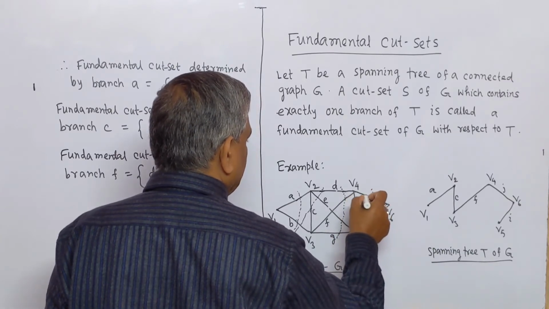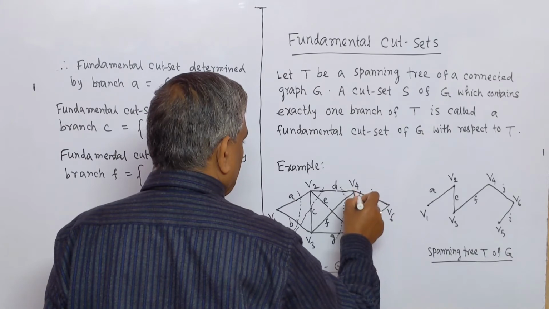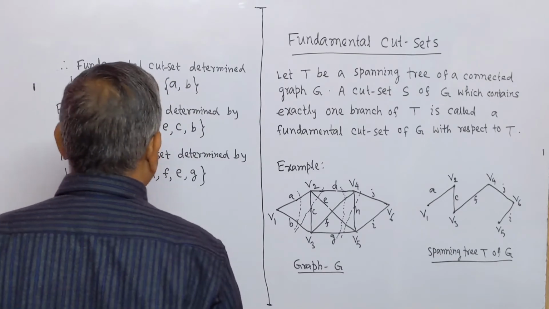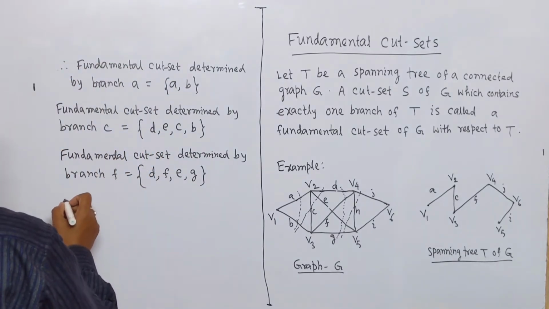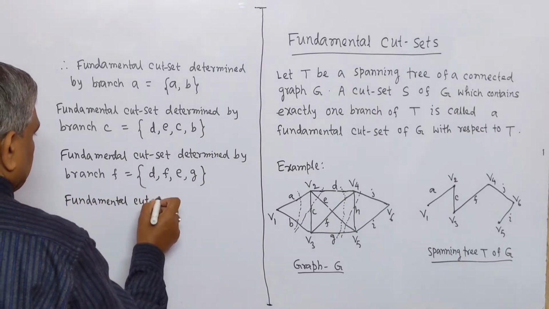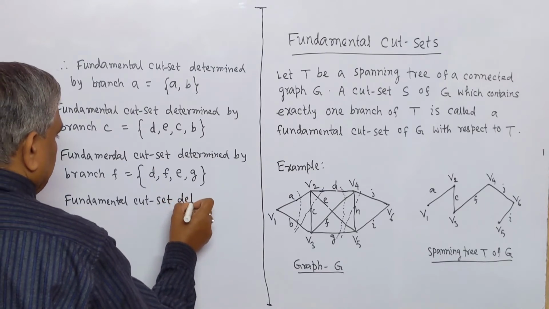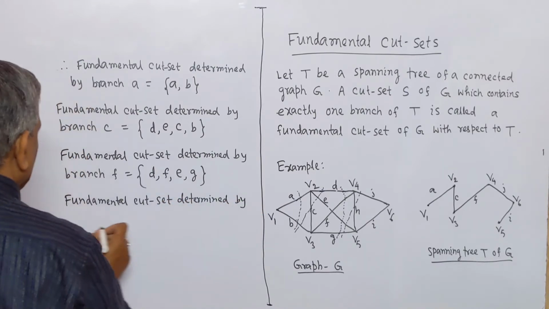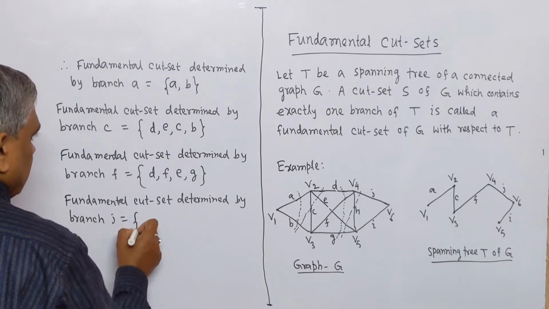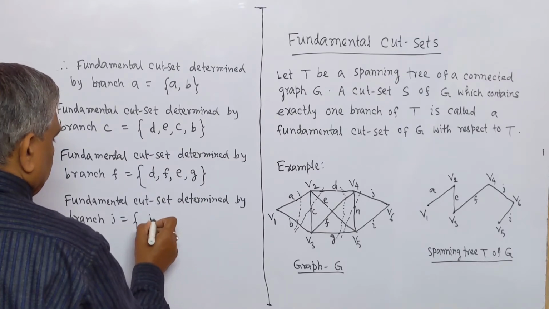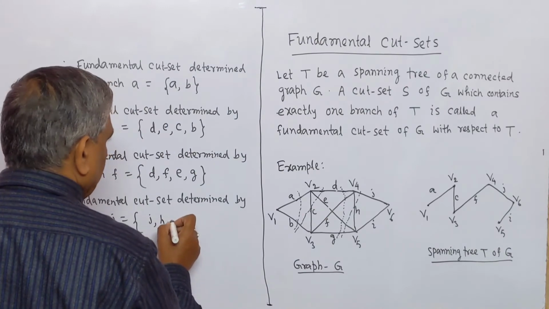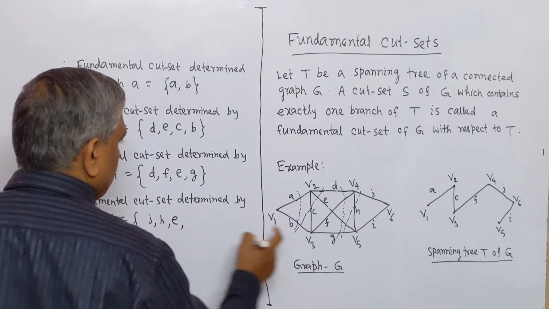So we may take this as the fundamental cut set determined by branch J: J, H, E, G.